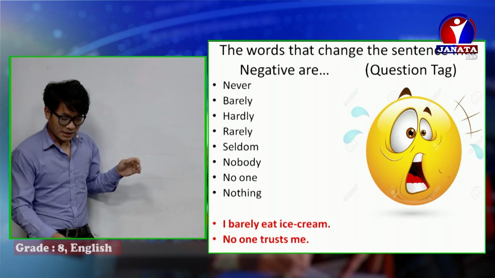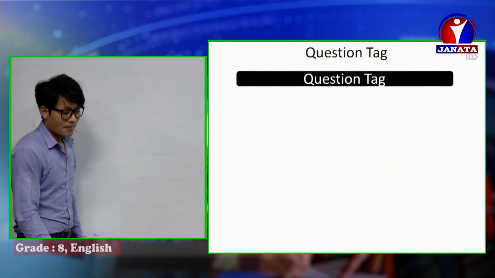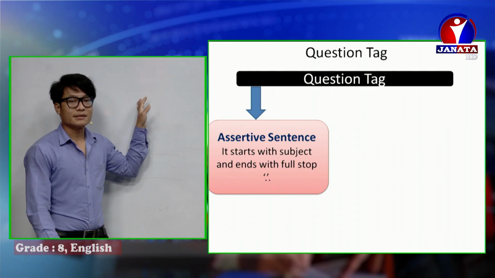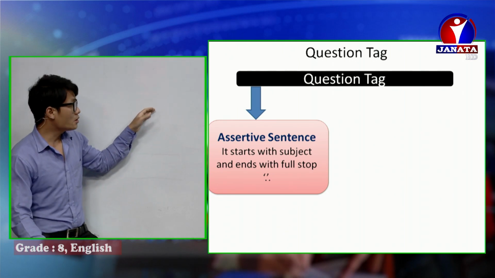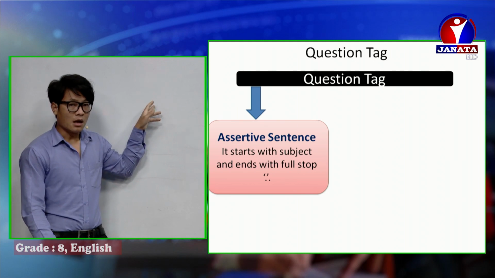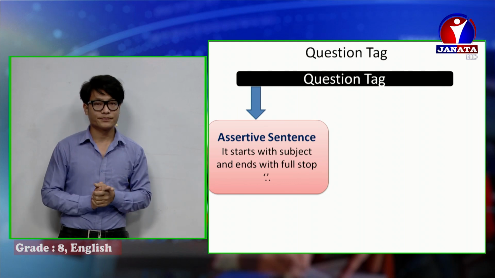So let's now start our question tag. As I have told you, only two types of sentences can be used as a tag question. One is the assertive sentence. It starts with the subject and ends with a full stop.